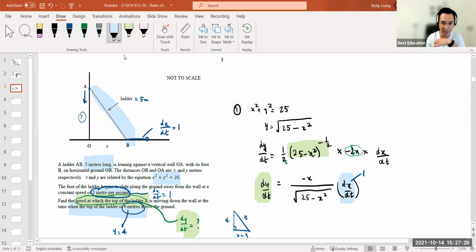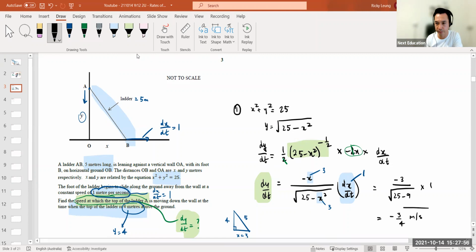Instead of giving you the value of x, they gave you y, but you can work it out by Pythagoras. Then you go, this guy equals, what's that, minus 3 on 25 minus 9 times 1. I think that's minus 3 over 4, meters per second.